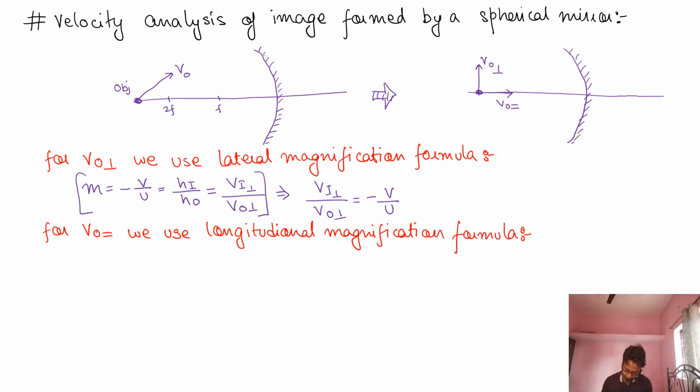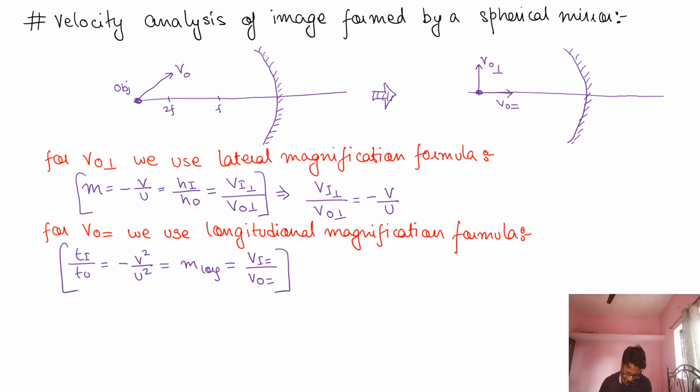So what does this mean? It means that the thickness of image by thickness of object is equal to minus v square by u square, which is equal to m longitudinal, which is fortunately equal to the velocity of the image parallel to the axis by the velocity of the object parallel to the axis.